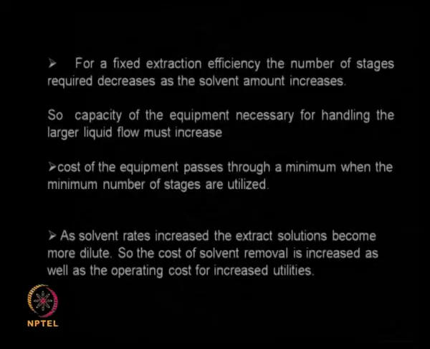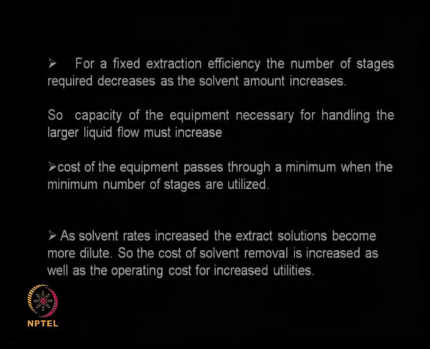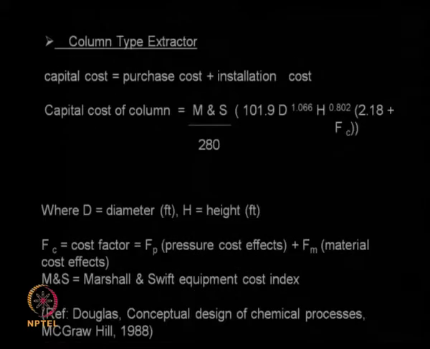So, I need to look at different scenarios, find out the cost of each scenario, and then make a decision for a fixed extraction efficiency. So, it is not so simple. It is not as simple as saying that I will require so many stages and so much solvent per hour or per minute.